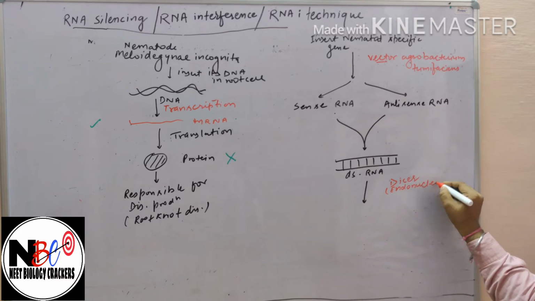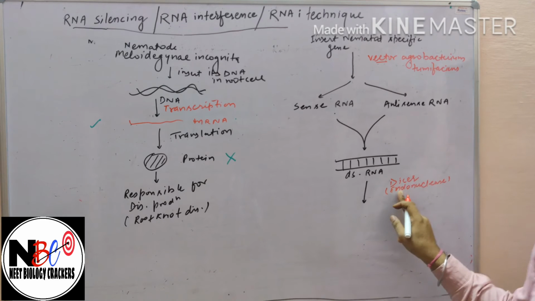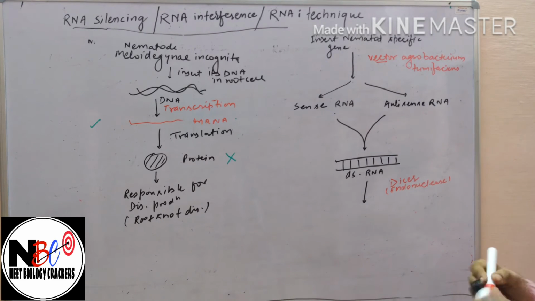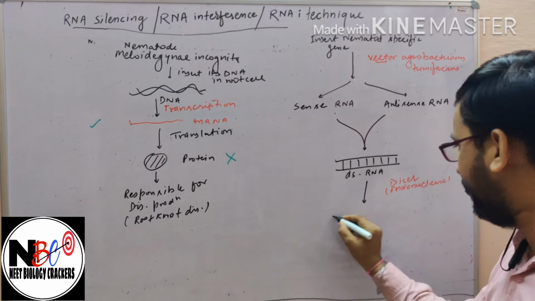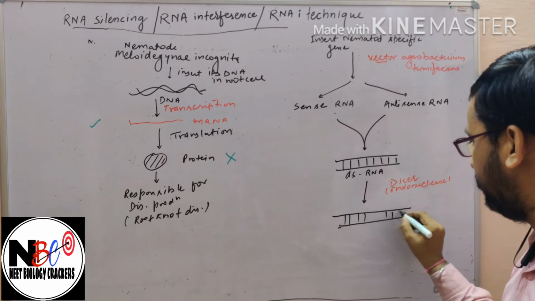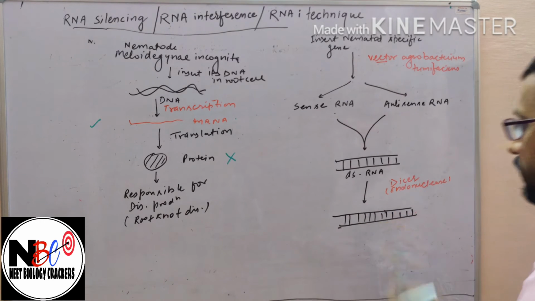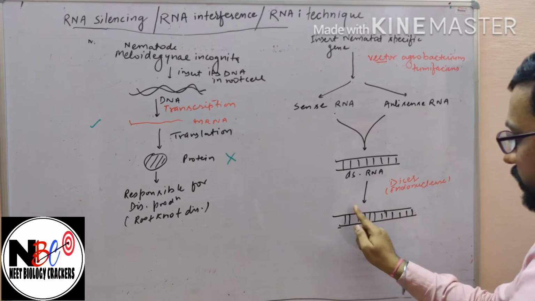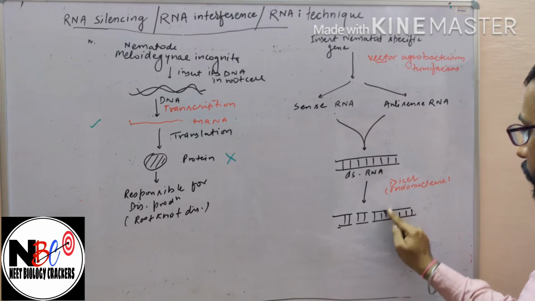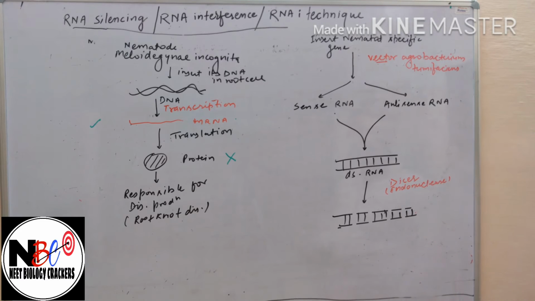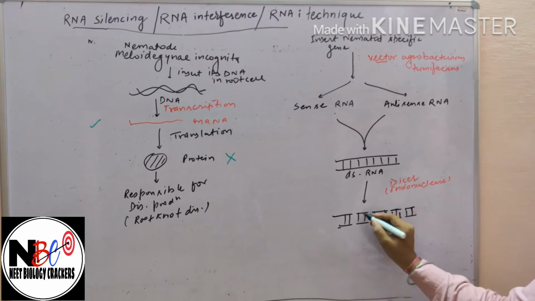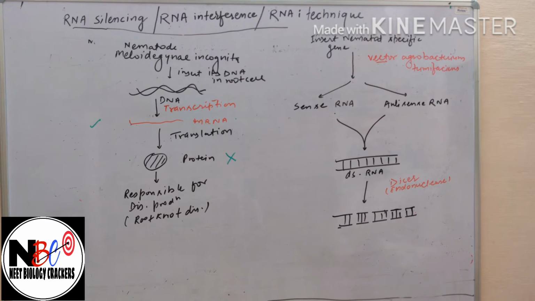You know, this endonuclease cuts the nucleic acid from the middle. So this dicer enzyme cuts this double-stranded RNA from the middle, and there is formation of various small fragments of double-stranded RNA.